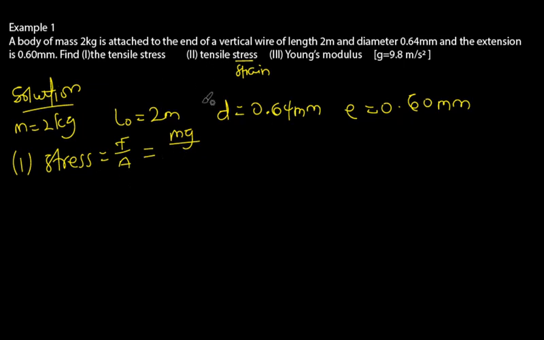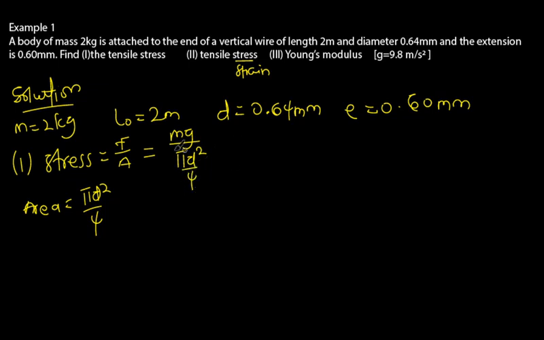In this case, because we don't have any length and breadth, we'll be using the formula pi d squared divided by 4 as the area. So in place of the area, we substitute pi d squared over 4.